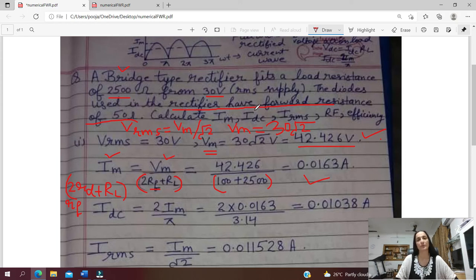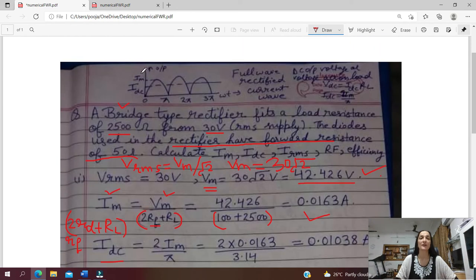Okay, now the DC value of output current. As we know, a bridge type rectifier provides us a full wave rectified current wave. We will get positive current pulses for both the half cycles. Positive half cycle from 0 to pi, negative half cycle from pi to 2 pi, we will get positive current pulses.